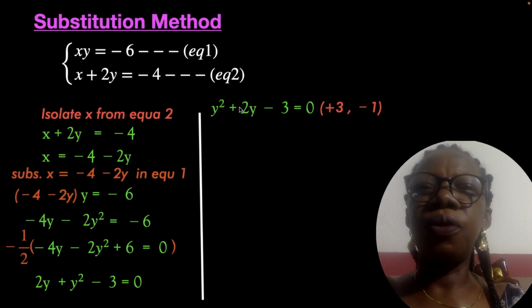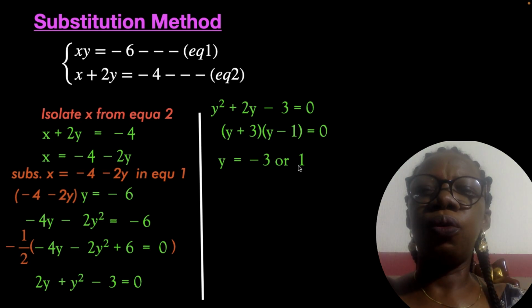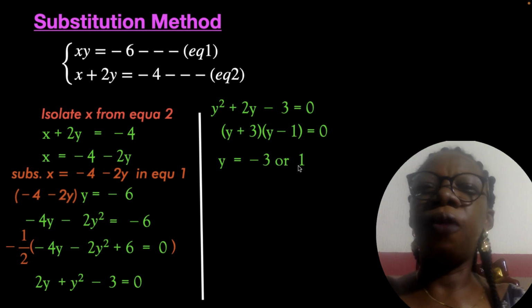So we can substitute this plus 2 with plus 3 minus 1. Right, so the factors are (y plus 3)(y minus 1) is equal to 0. From here, y is equal to minus 3 or y is equal to 1. Two values of y.